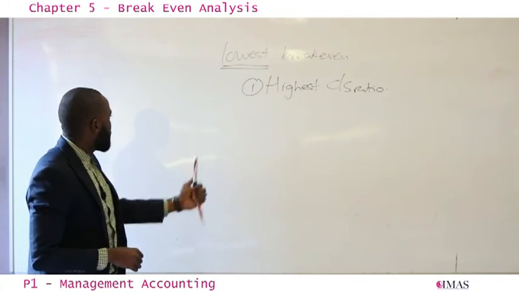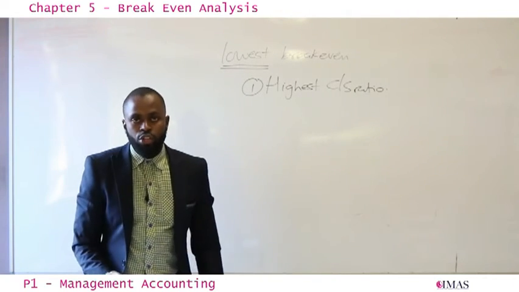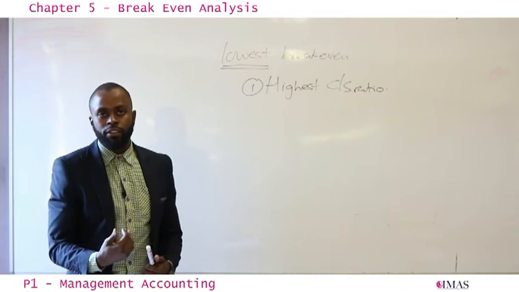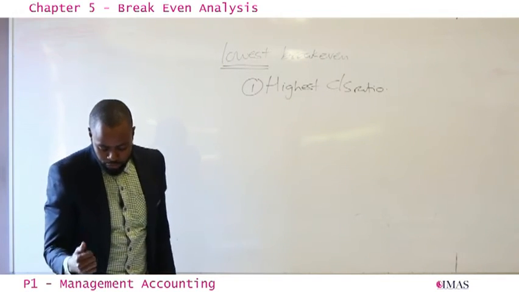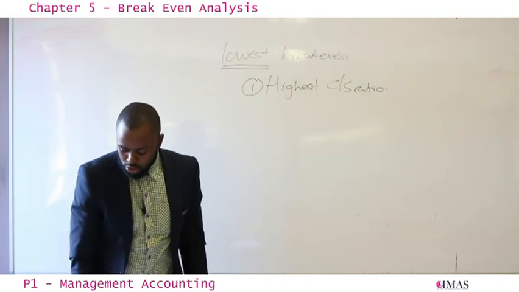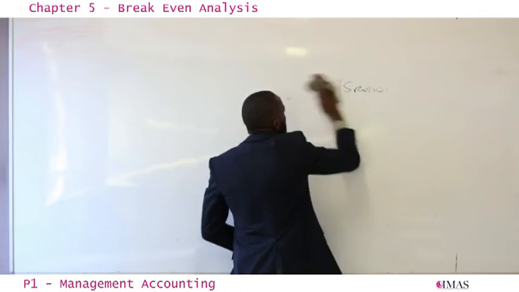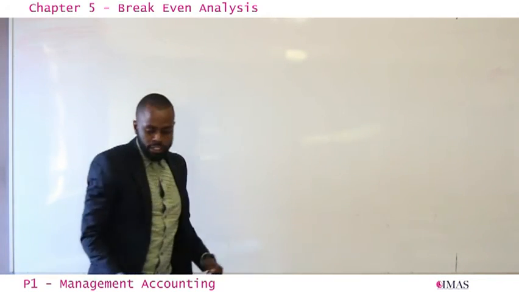So that's what the examiner is testing us on. They're saying calculate the lowest break-even sales. So we're not calculating the multi-product break-even sales. We're calculating the lowest break-even sales. But it says subject to meeting the minimum sales value constraint. So first we have to meet the minimum sales values.